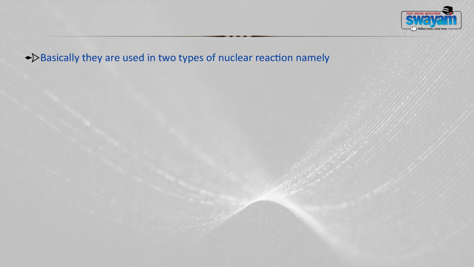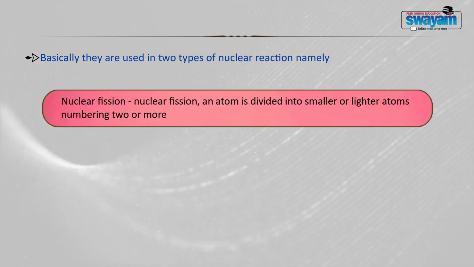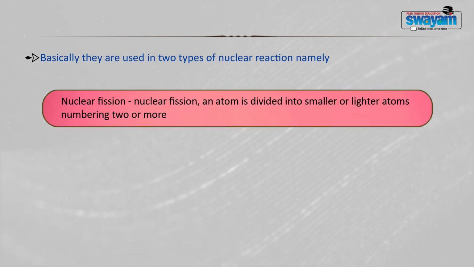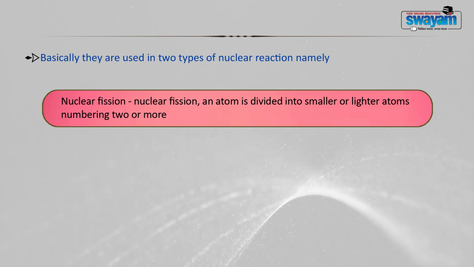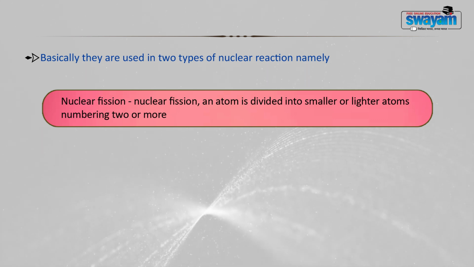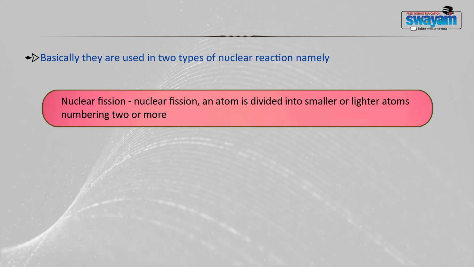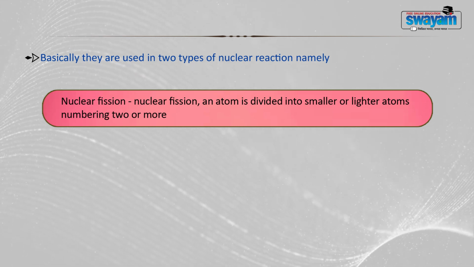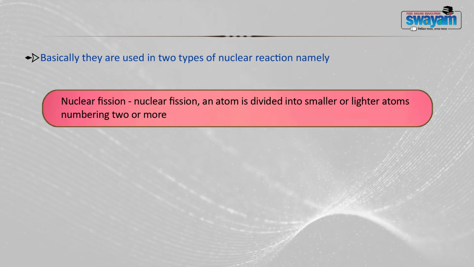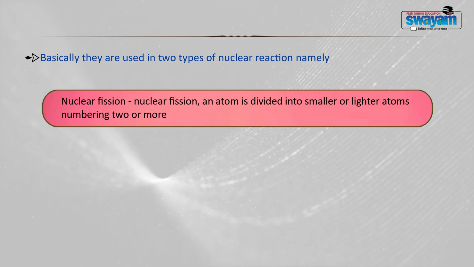and these are nuclear fission and nuclear fusion. The nuclear fission process involves an atom being divided into smaller or lighter atoms, numbering 2 or more daughters. For example, uranium-235, which is used as a fuel in the nuclear power plants, undergoes fission, and when its fission takes place, due to the mass defect, a large amount of energy is produced, and along with that daughter radionuclides are produced.